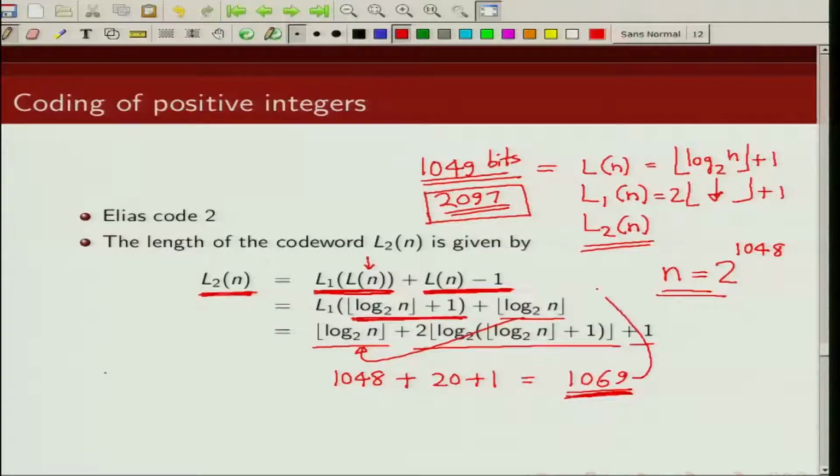So for large values of n, if we repeat this process, these are prefix free codes and the number of bits required are coming closer to the binary representation of the number. So the Elias code that we just described, we are going to make use of in our block to variable length coding problem for a discrete stationary source.